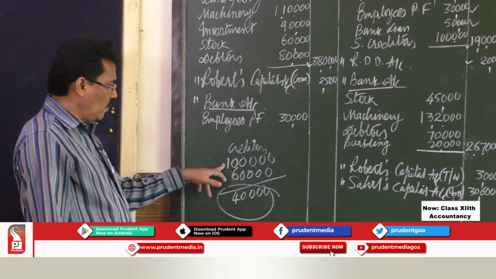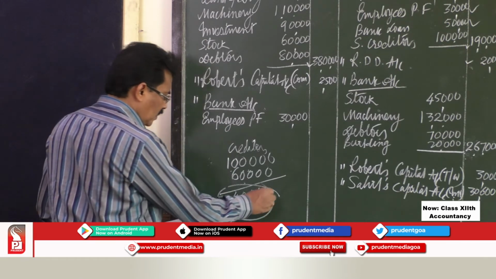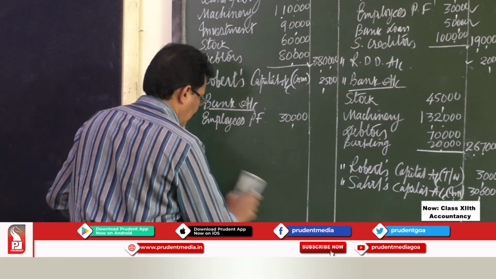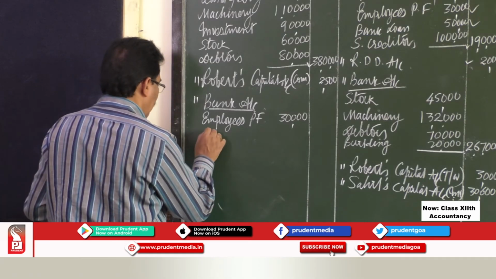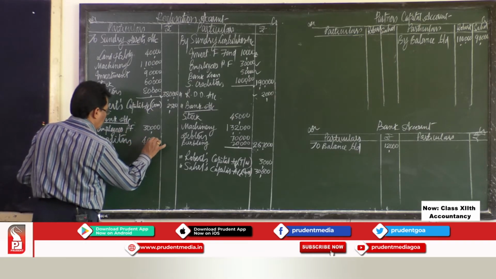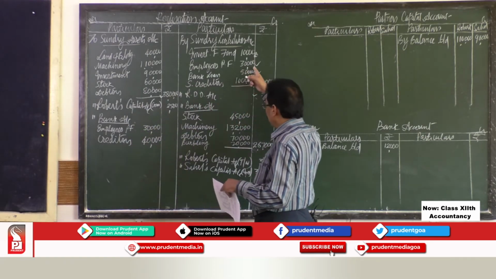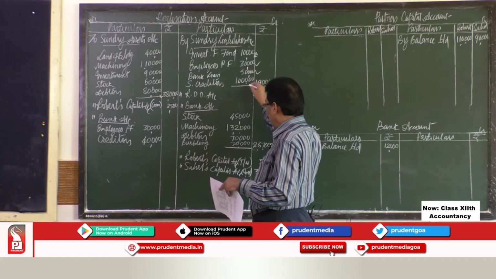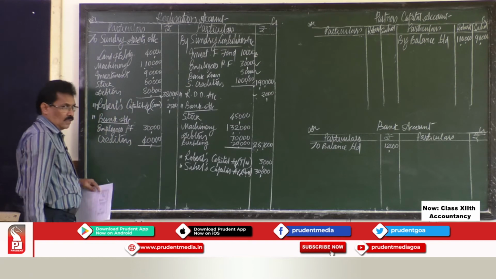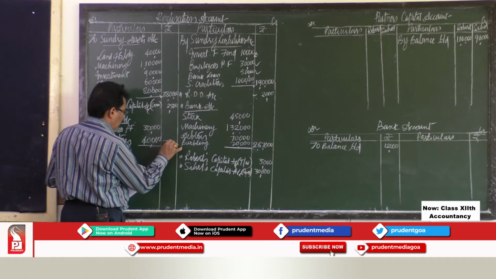Out of 1 lakh, they took investment of rupees 60,000, which means the balance still to be paid is rupees 40,000, that you have to pay to the creditors. So this we need not pay, bank loan is already settled, creditors is also settled. The total amount paid towards the external liability is rupees 70,000.